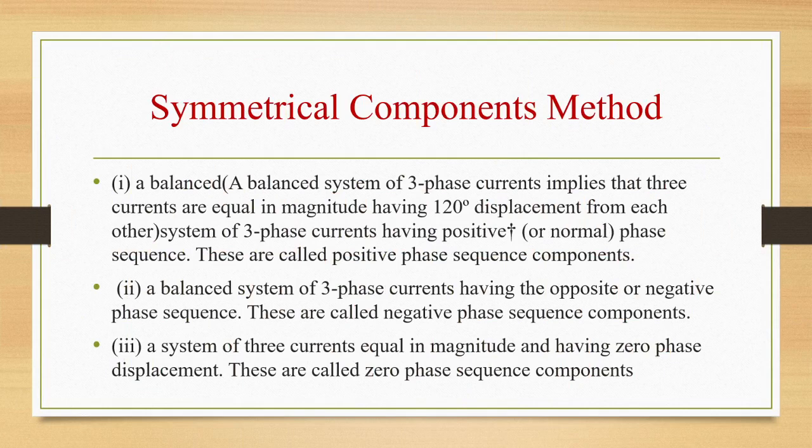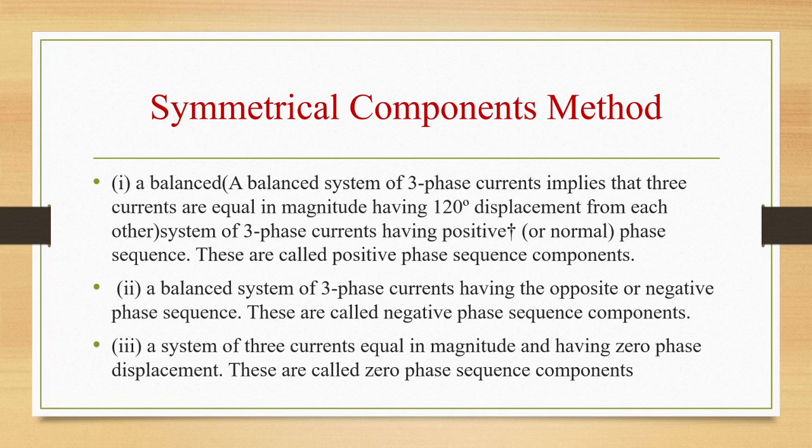The three sets are, first, a balanced system of three-phase currents having positive or normal phase sequence. When I say balanced system here, it implies that the three currents are equal in magnitude and have 120 degrees displacement from each other. Positive phase sequence means that the phase sequence is the same as that of the original three-phase system.